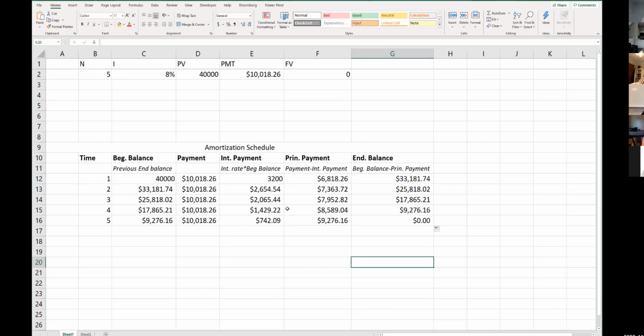Just a few things to notice. Look at your interest payment. What is happening over time with the interest payment? So from time period 1 to 5, it decreases. And then what happens with our principal payments? It goes up, right? Okay, can someone tell me why?